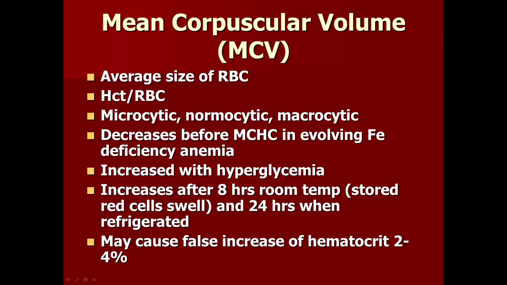So if you have someone who has hyperglycemia, or whose blood has been stored very badly in the lab, you can actually see a false increase of their hematocrit of 2 to 4% when they have an inappropriately elevated MCV. That's why we don't intervene solely on the basis of a hematocrit, because it'll change the hemoglobin, or the crit.